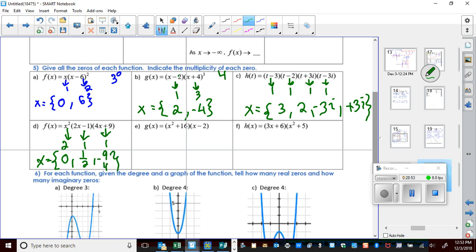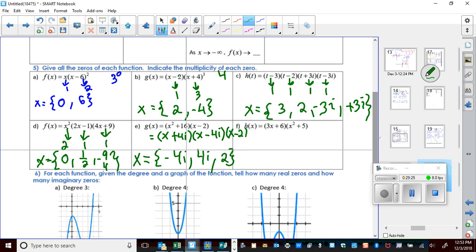So for these last two problems, I probably should do those with you. Okay, let me do those with you. So this simplifies to x plus 4i times x minus 4i times x minus 2. The multiplicity is all 1. My zeros: negative 4i, positive 4i, and positive 2.